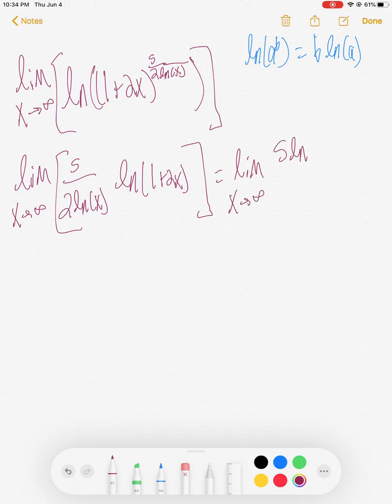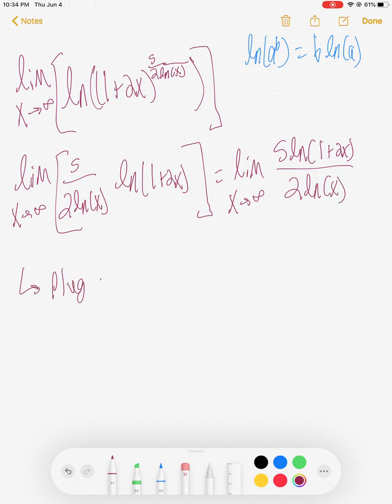It's very helpful in this case because it allows me to bring that exponent down. Well, now I can just algebraically rewrite this as a fraction, as 5 times ln(1 plus 2x) over 2 ln x.